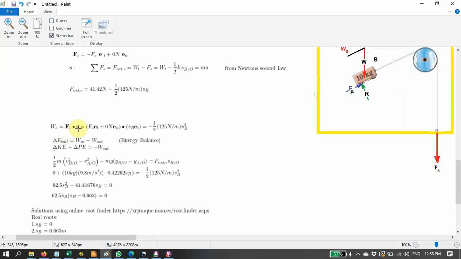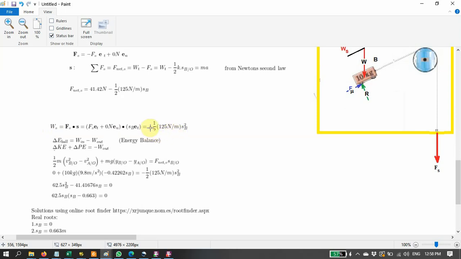So we have a dot scalar product for work. The work done by the system to stretch the spring, right? So it's a half of 125 newton per meter square.